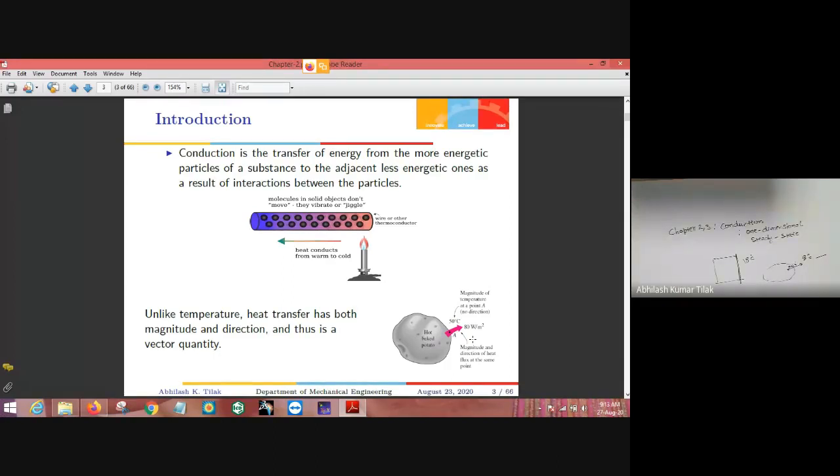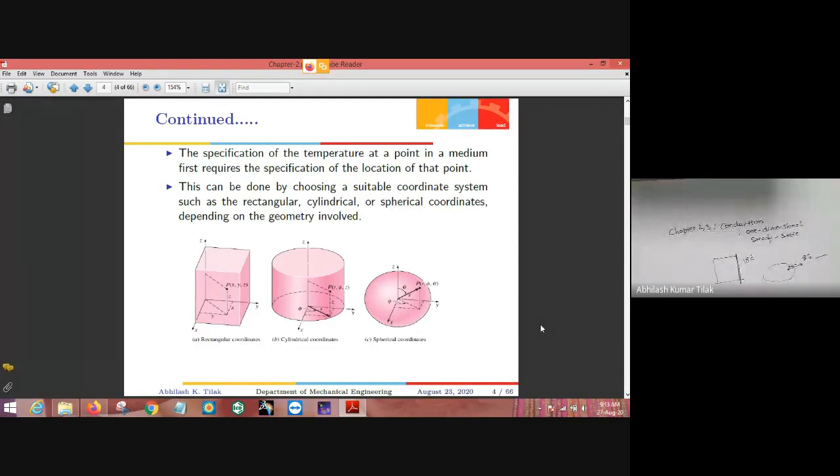Some heat transfer problems in engineering require the determination of the temperature distribution throughout the medium, and the specification of temperature at a point in the medium first requires the specification of the location of that point. This can be done using a suitable coordinate system, such as rectangular, cylindrical or spherical coordinates, depending upon the geometry involved.